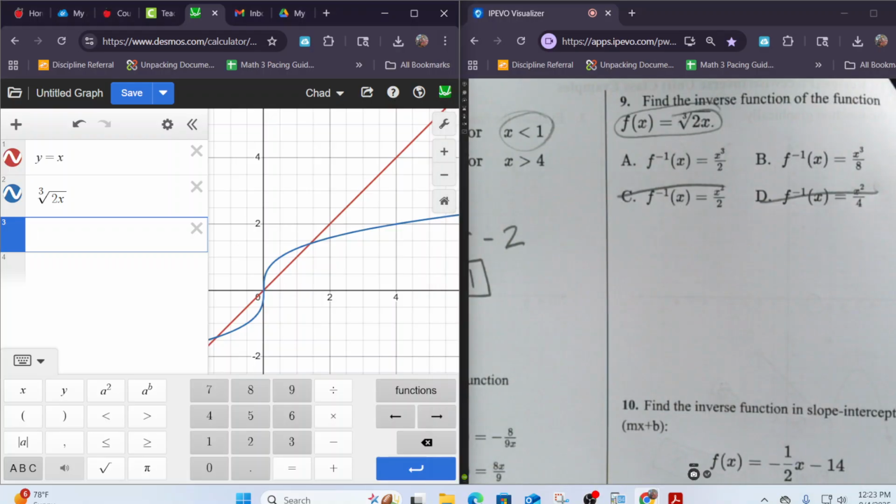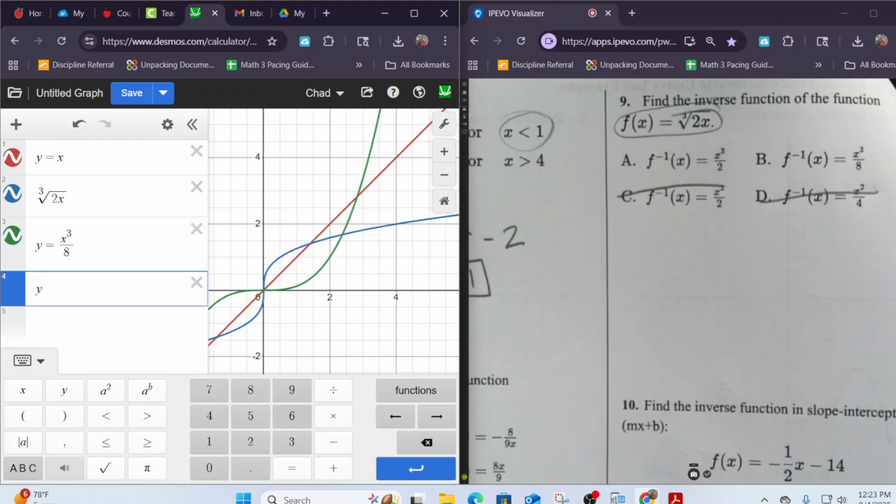So now you're going to do y equals x cubed divided by 2.